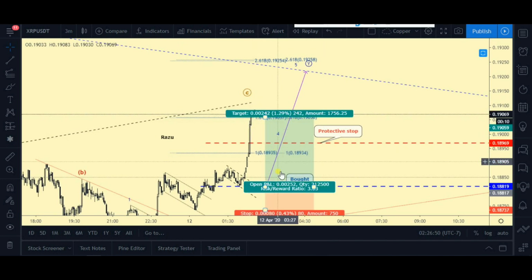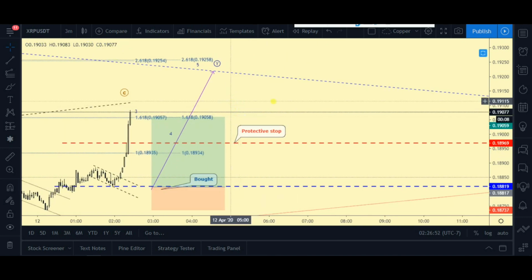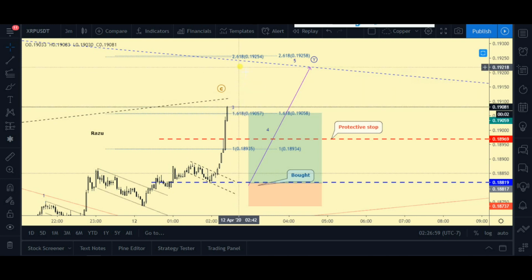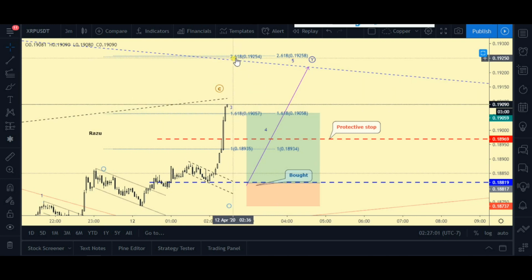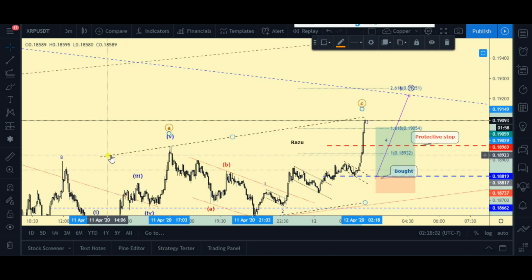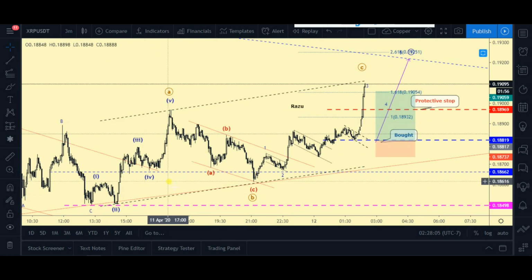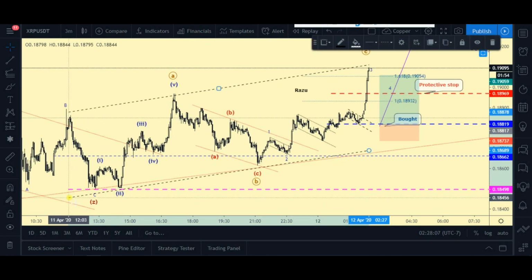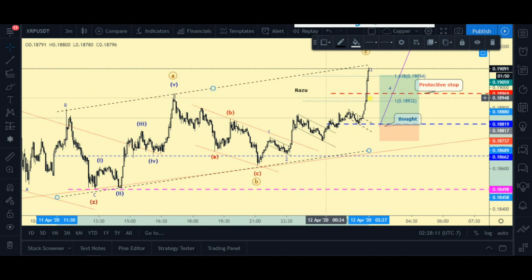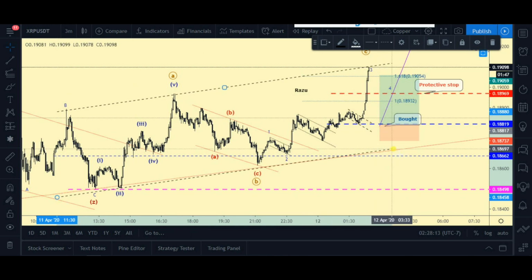So if we see a close above this level, then we can expect this move to go to this Fibonacci extension, that is 261.8%. The resistance line, channel resistance line, which we can see here. So we don't know yet if the resistance will be taken here or not, or will it break the resistance.